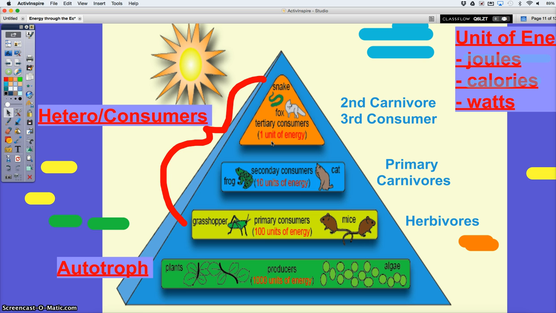That's where decomposers go, okay? How about omnivores? They're kind of like all of it because they take it all. They're kind of nowhere. Because if they're eating plants, what are they? Primary consumers or herbivores. If they're eating meat, where are they? Above the herbivores, okay? Does that make sense? Okay.